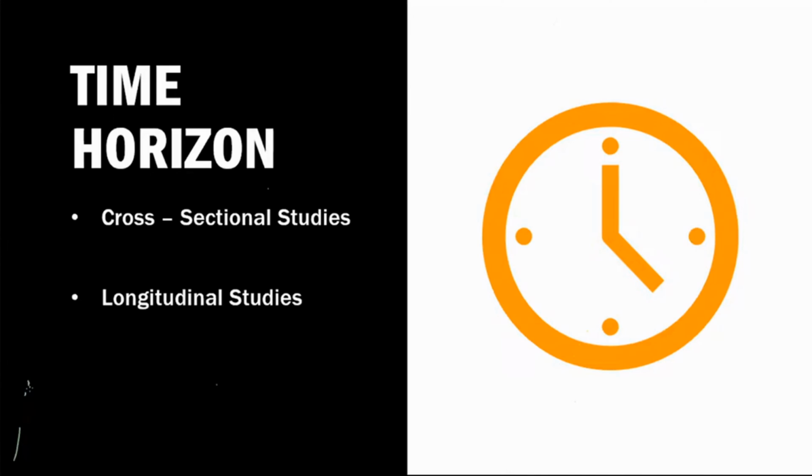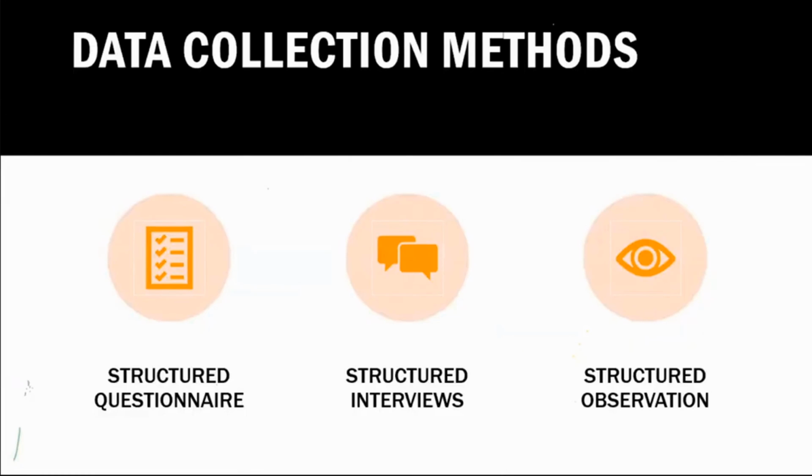In quantitative studies, generally, we conduct survey research, and for that, we use cross-sectional studies. Cross-sectional studies are those in which we collect data once, and that data is sufficient to answer our research questions. Or you can have longitudinal studies, in which data are collected more than once: 2, 3, 4, 5 times.